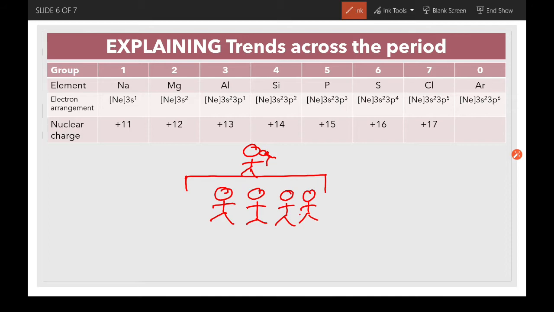This is representative of our first energy level, this row of people. Then you might have another row here, a load more people. They can't see the stage quite as well as the people at the front.